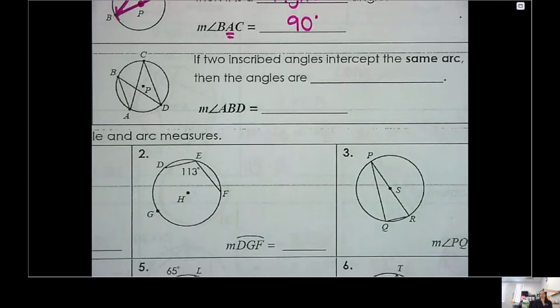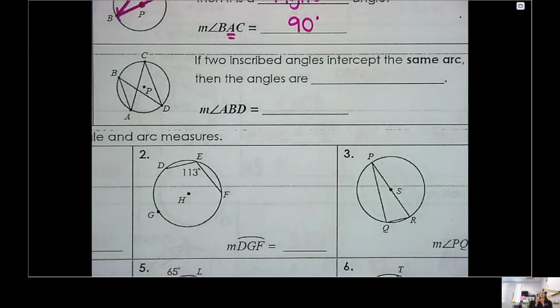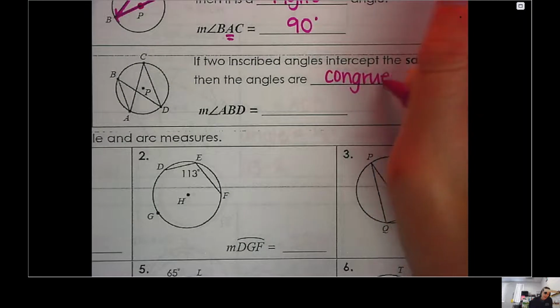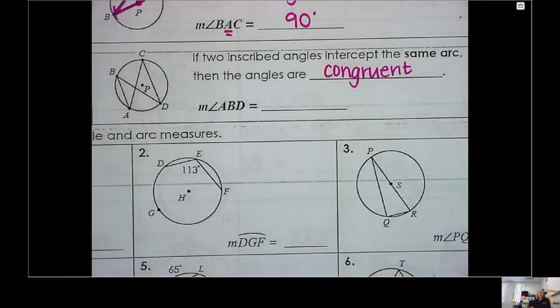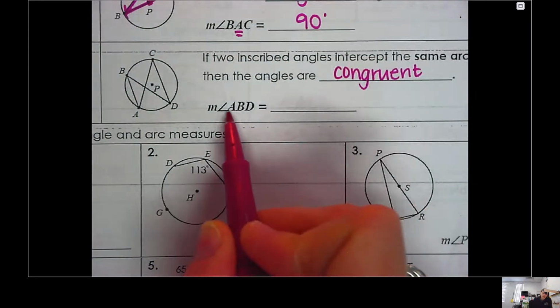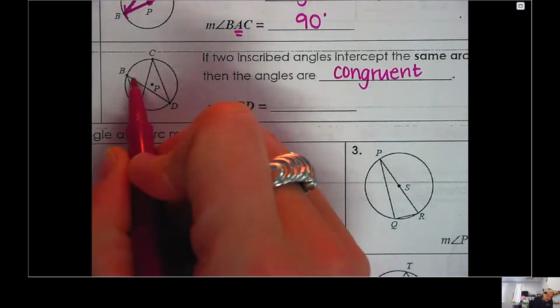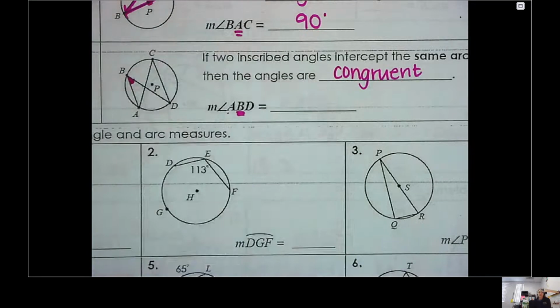So in my picture here, if two inscribed angles intercept the same arc, then the angles are congruent. They're exactly the same. So here's what that means. If you look at angle ABD, that means you're really looking at angle B. I'm going to kind of color in my angle B here.